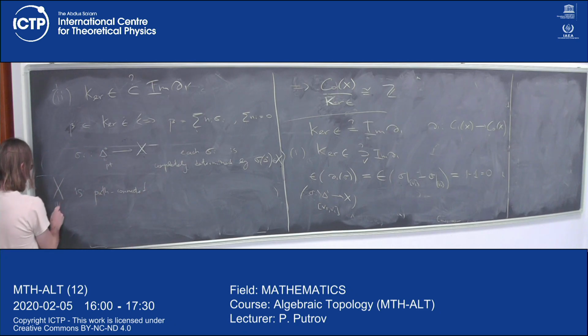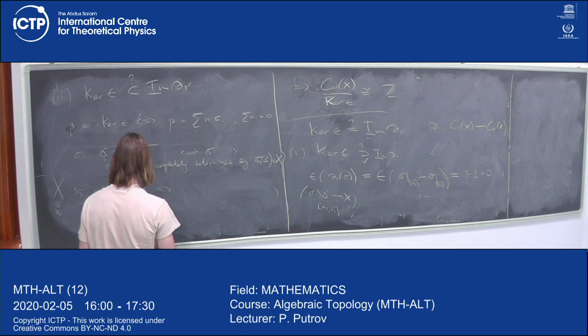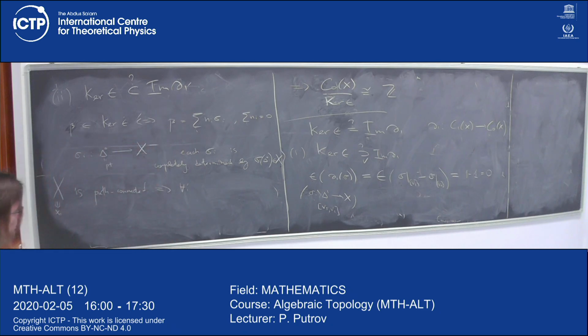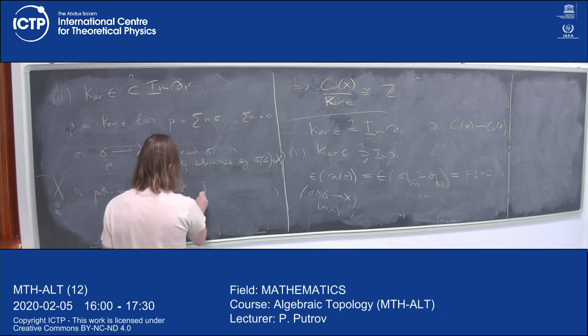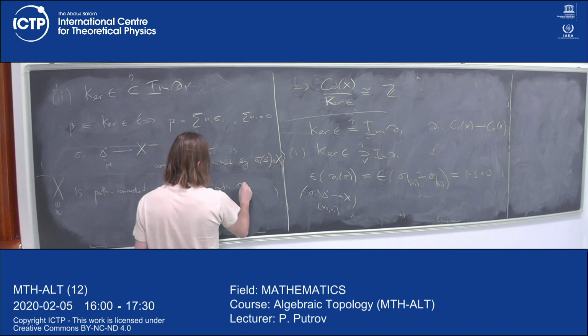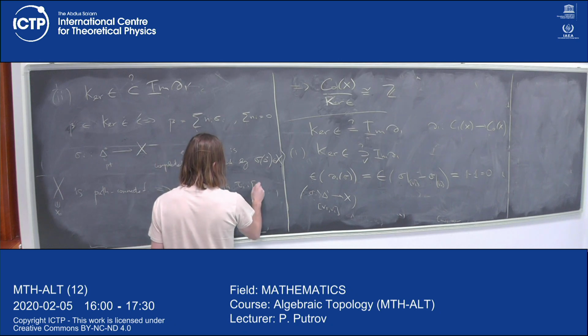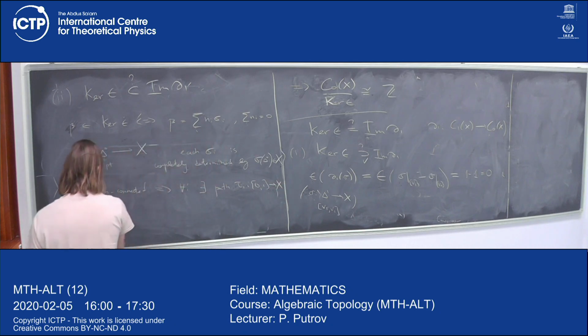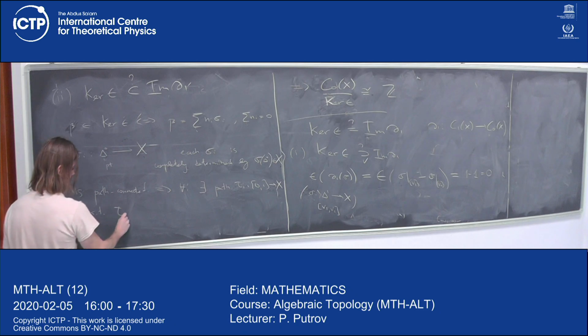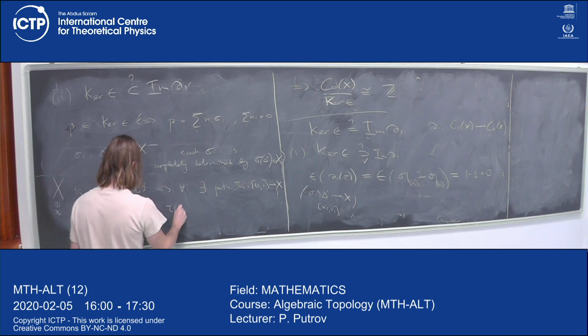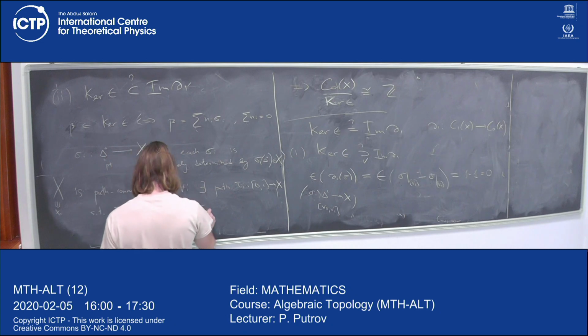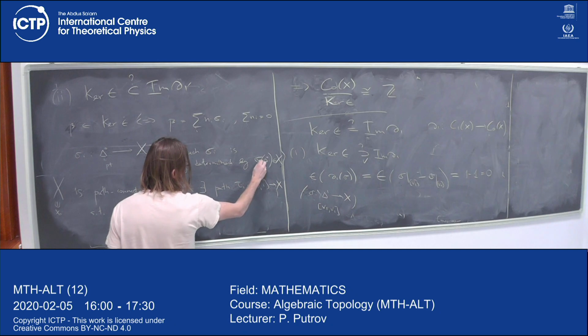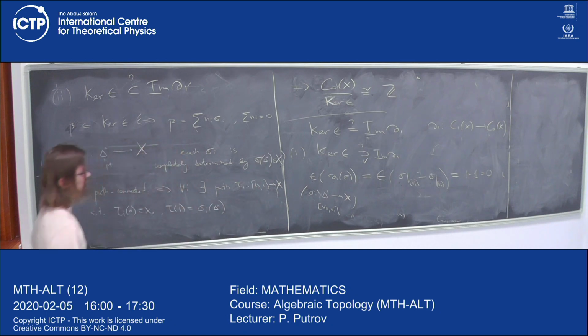Let me fix some point x0 in x, and then it follows that for any i in this sum, there exists a path Ti in x such that it starts at the fixed point x0 and ends at this point, sigma i delta 0.